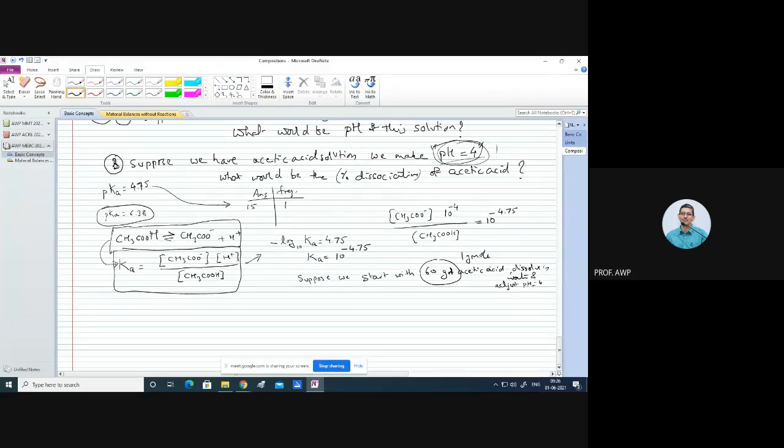So suppose this is your solution in a beaker. What is this solution going to contain? It is going to contain water, H plus ions, OH minus ions, undissociated acetic acid, and acetate ion.